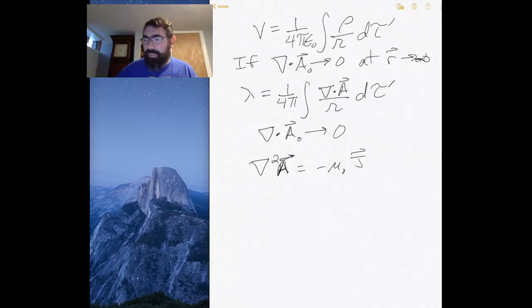So in the electric case, it was the Laplacian of the electric potential, and that was equal to rho over epsilon naught. Actually, minus, sorry.